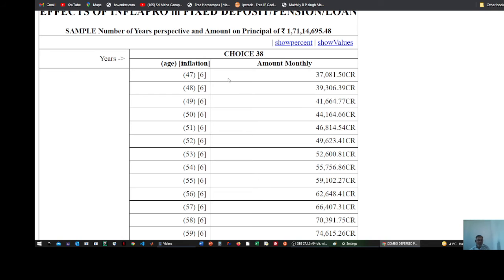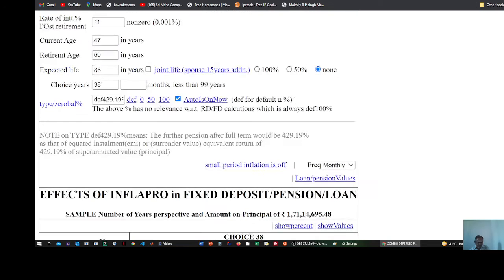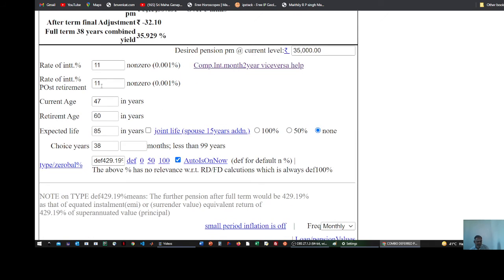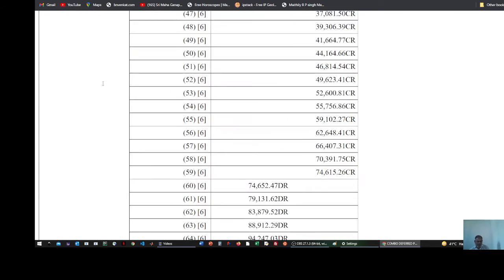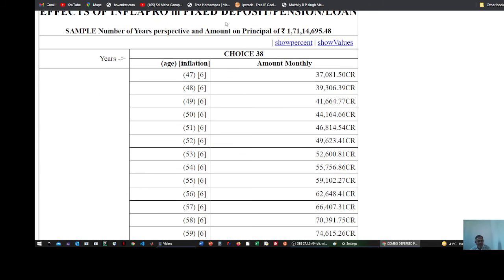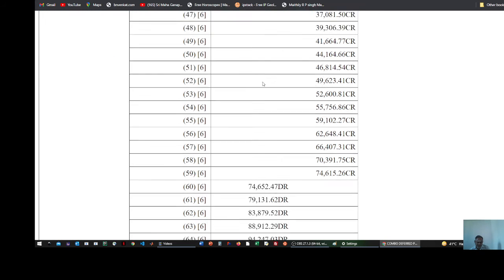Therefore, one should start with this sort of scheme with a return of 11% at the latest by the age of 47. Otherwise, they will be paying more; the investment amount has to be much more than this.